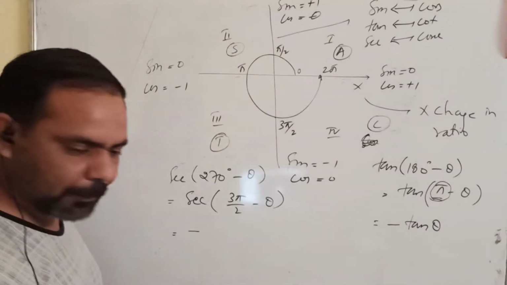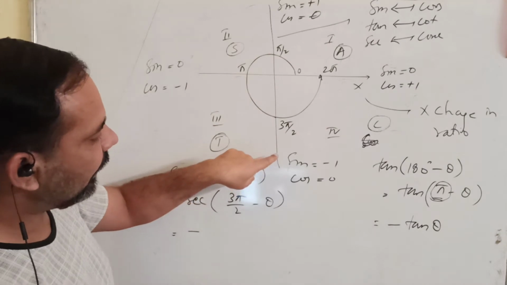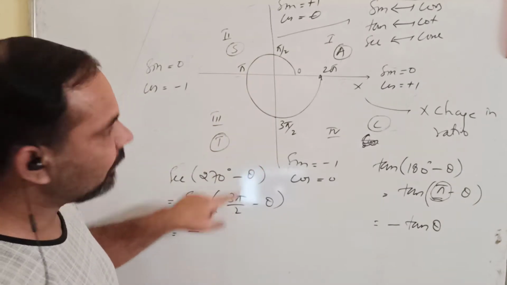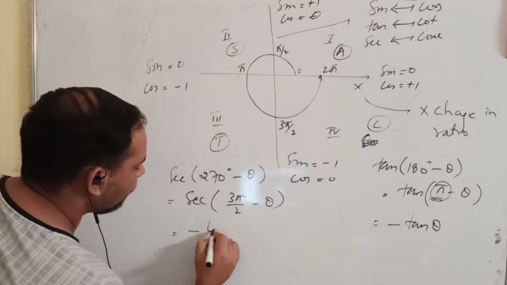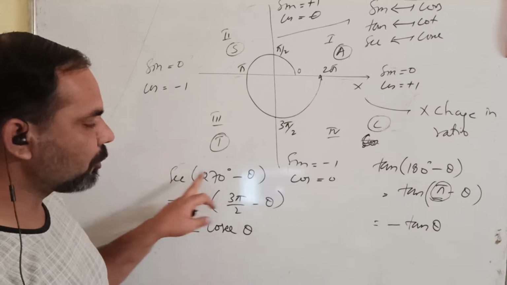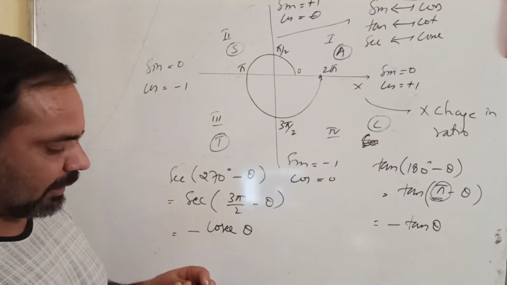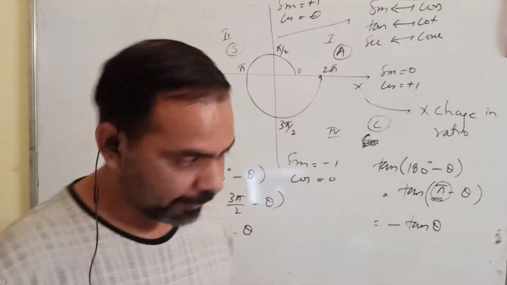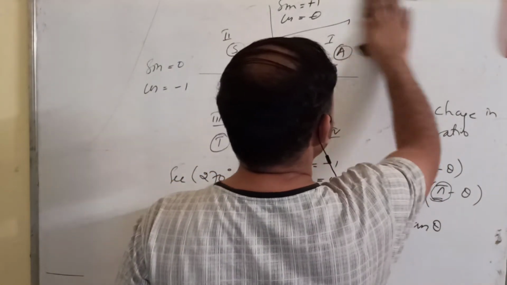So you will put a minus sign. And now 3 pi by 2 is on the y-axis. And if y-axis involvement is there, then sec will become cosec. So it will be minus cosec theta. So sec 270 minus theta is minus cosec theta. So with the help of this formula, now you can write the values.